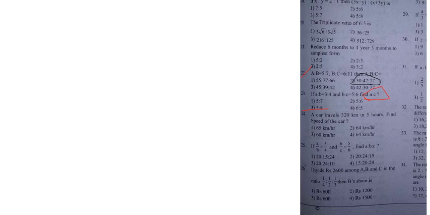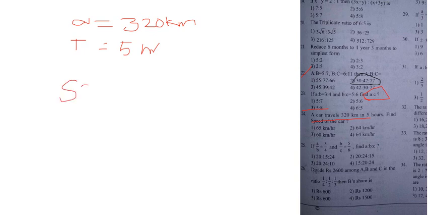A car travels 320 kilometers. Yes, the unit of distance is kilometers, 320, and time how much? 5 hours. Then they are asking speed. Yes, we know the formula: speed is equal to distance by time. Distance is equal to 320 by 5.